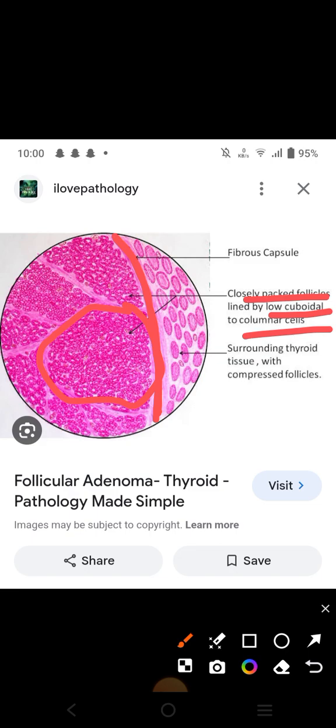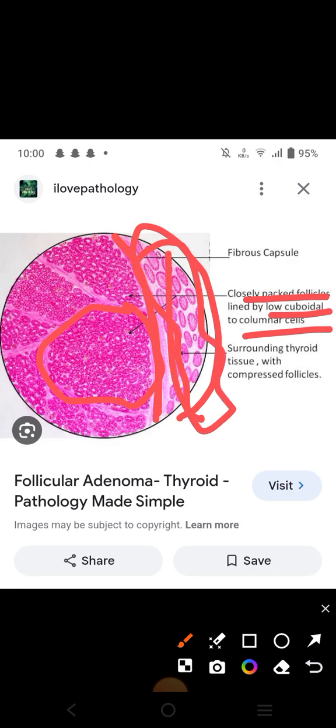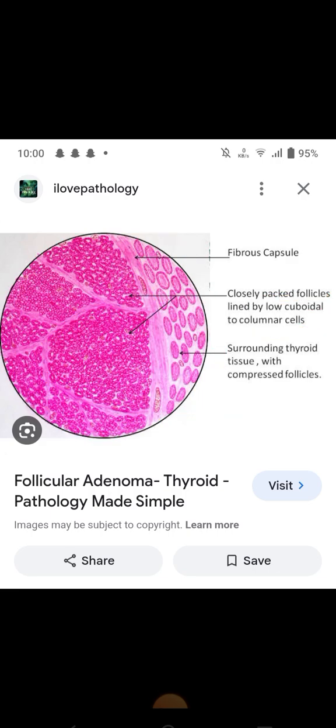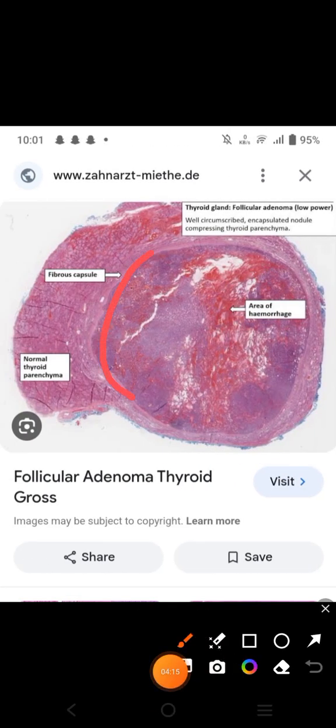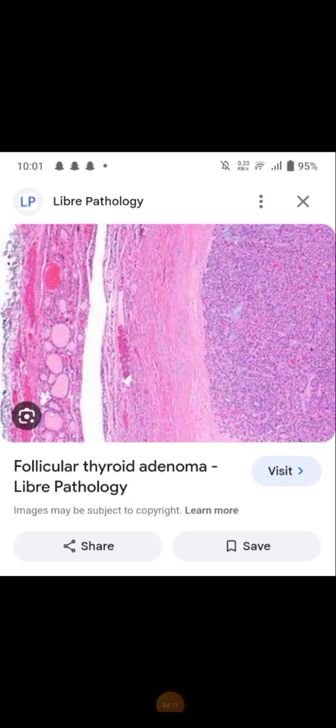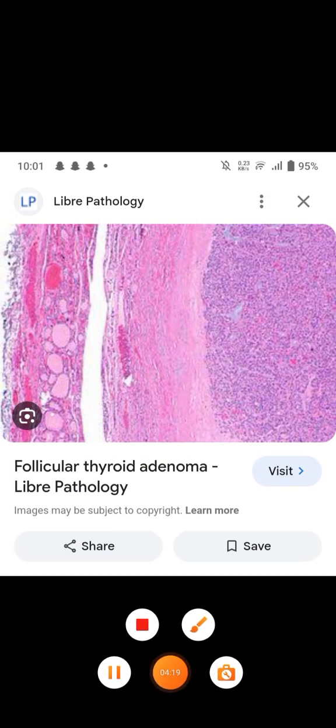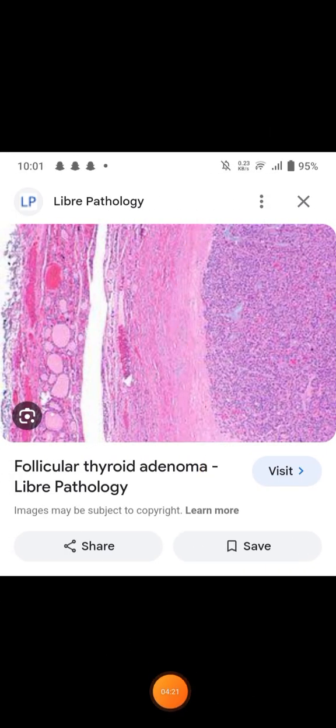And here is the surrounding normal thyroid tissue, which the tumor is compressing. Again the capsule is intact, so it is adenoma.